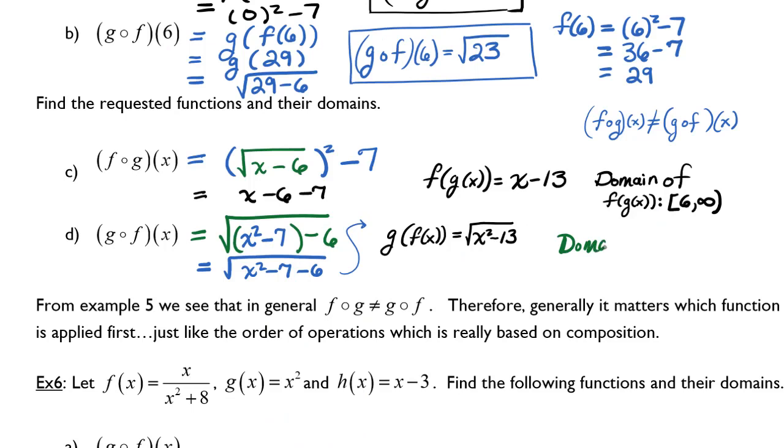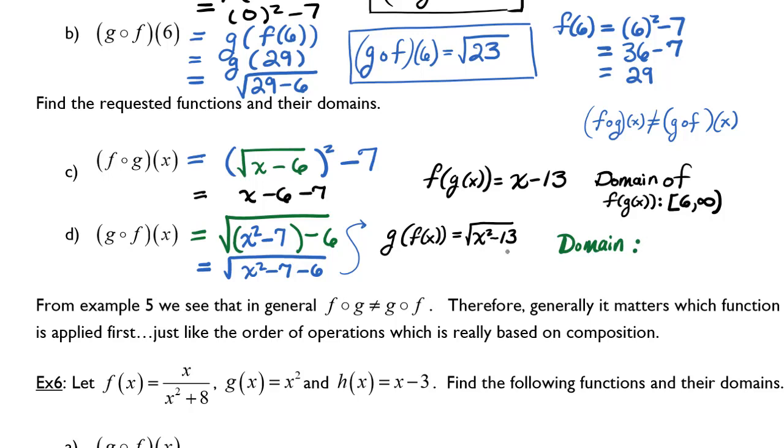For our domain, identify what restrictions are on the outside function so that when we put x squared minus 7, which doesn't have any restrictions on the domain, into g of x, we are calculating values that will not cause problems.